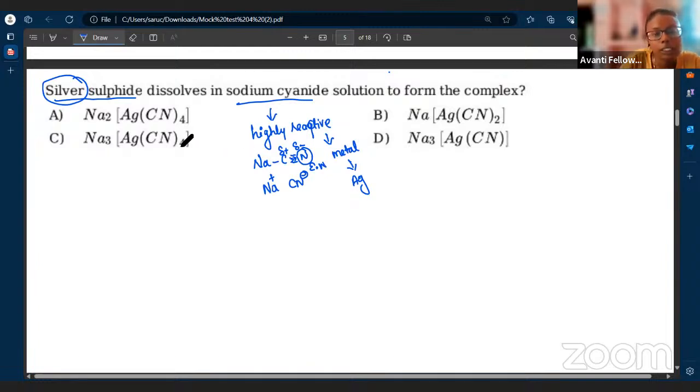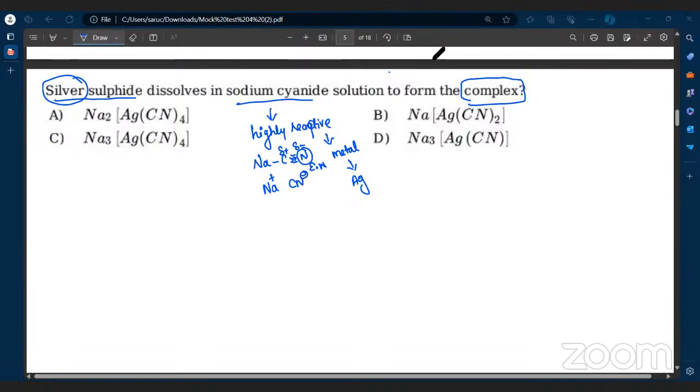What we have to find out is what complex sodium cyanide forms. We know that sodium cyanide is highly reactive towards the metal.